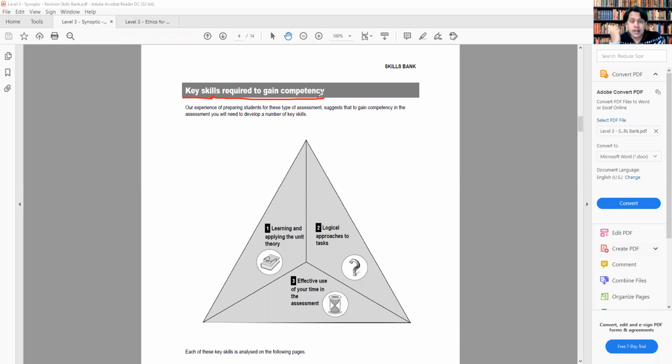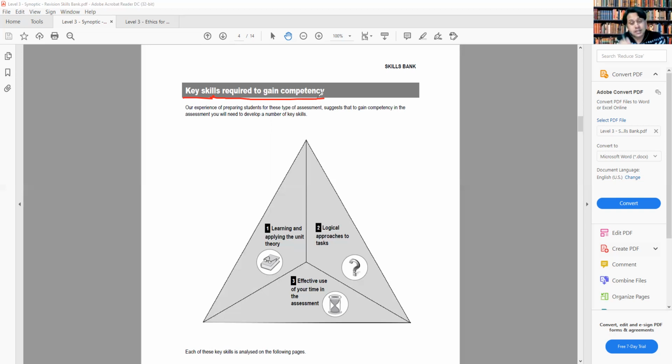As we already know, the synoptic exam will be a little bit tricky. Even some students said my level 4 was easier than the level 3 synoptic, because the synoptic is quite critical. So you need to make sure you perform very well in the exam and utilize the time in the best possible way.